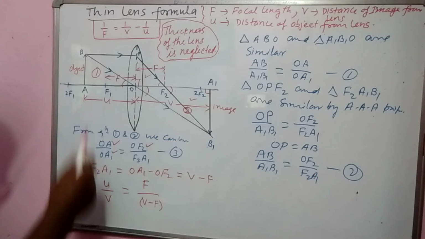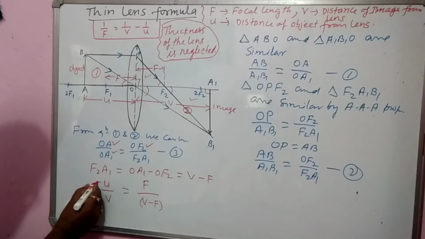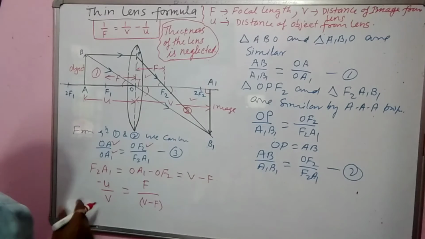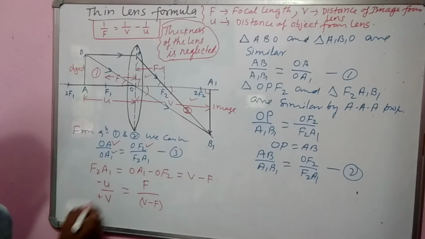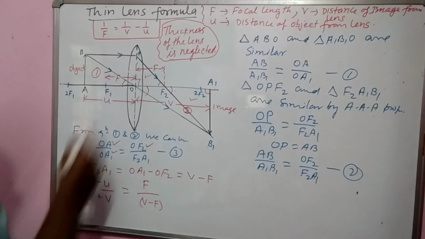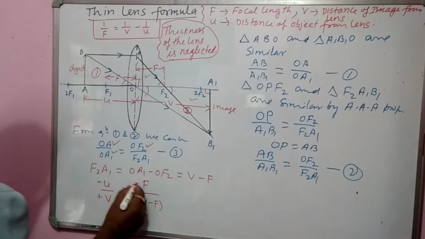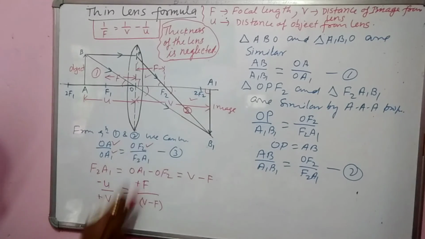So naturally u will be negative and v will be positive. This v will be positive, and f is in this direction, so it is positive, and using sign we have taken this one.